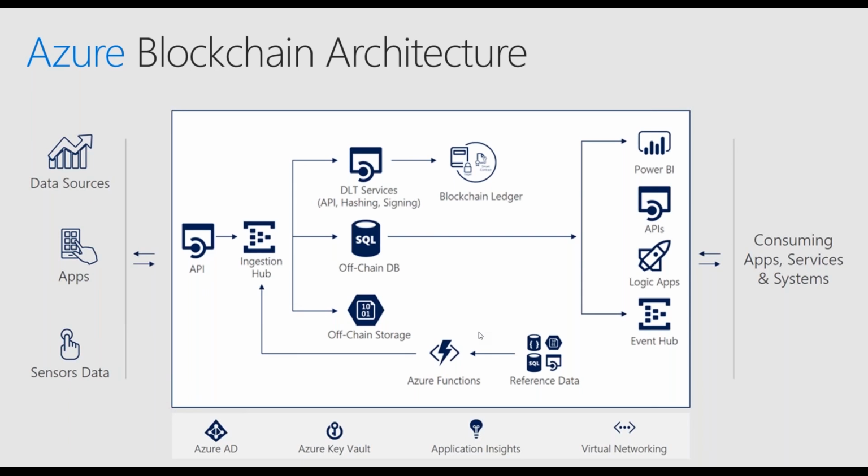And now I'm speaking generically about a digital ledger in a blockchain because the technology that Microsoft has built is based on a framework that abstracts from the specific blockchain platform. Currently, it works on Ethereum, but the roadmap is to make it generic, so independent of the specific blockchain platform.